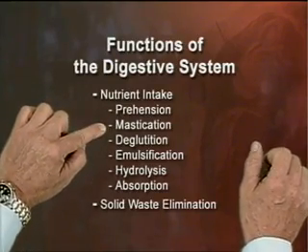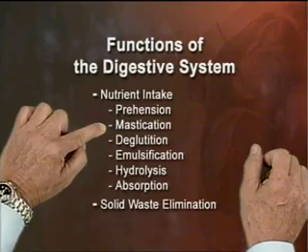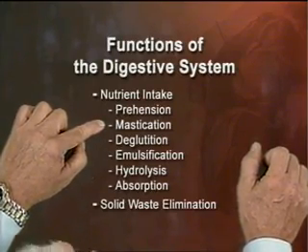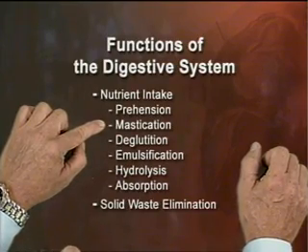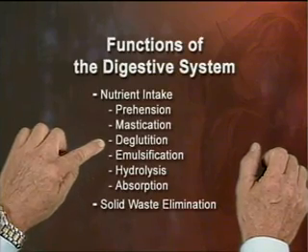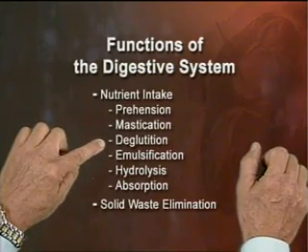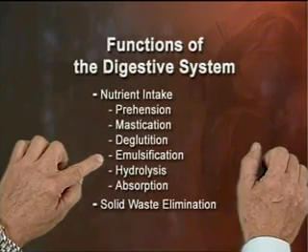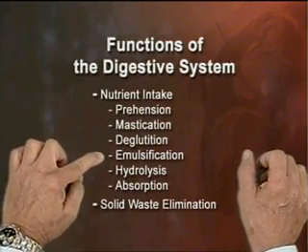Mastication is the chewing process, just a 25-cent word for chewing. And we have to do that with some foodstuffs. Obviously, many of the liquids we don't have to masticate. We can swallow those directly. Deglutition is simply a word that means swallowing. Emulsification is a mixing process that occurs primarily down in the stomach.